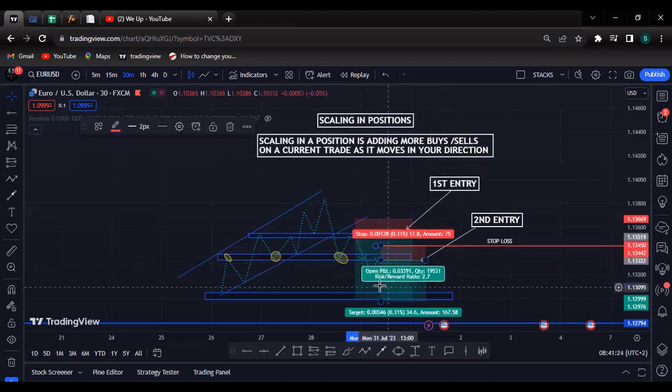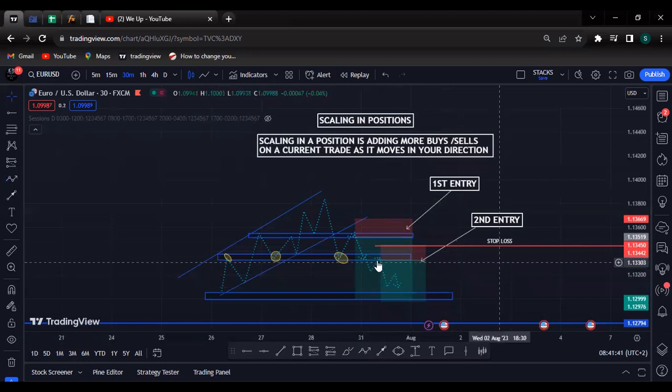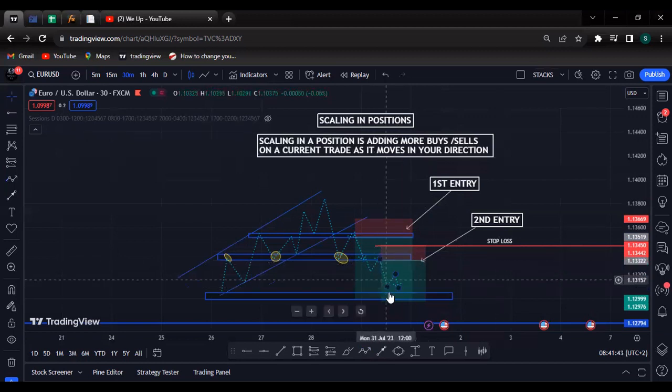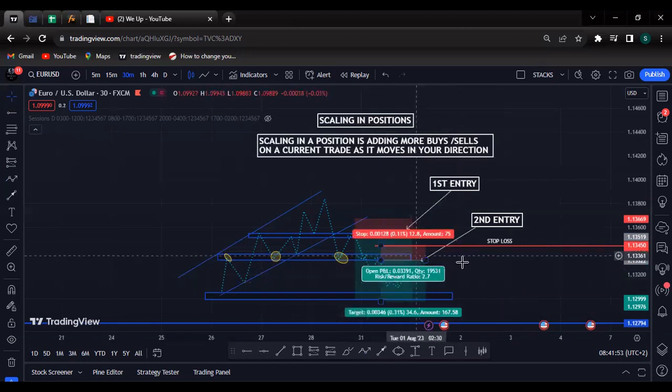From here, let's say price, after a retest, pushes down and starts doing something like this. Price had an impulse down, moved down, then we saw it push back up a bit. From here, it's more confirmation that we might be carrying on to the downside, or we might be retesting.